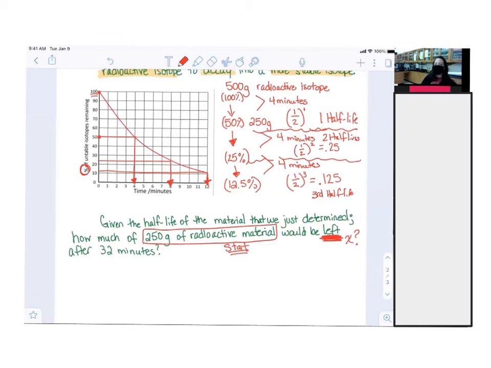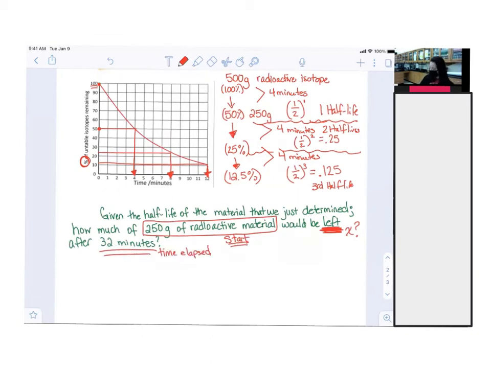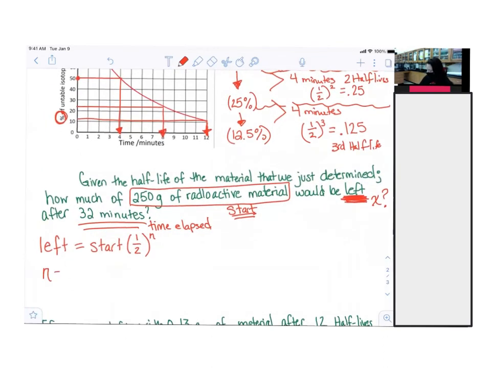The equation that we learned is the amount left is equal to the amount we start with times 1/2 to the number of half-lives. And we also learned that if we don't know our number of half-lives, we can calculate it by taking the time that has elapsed and dividing it by the time of one half-life.